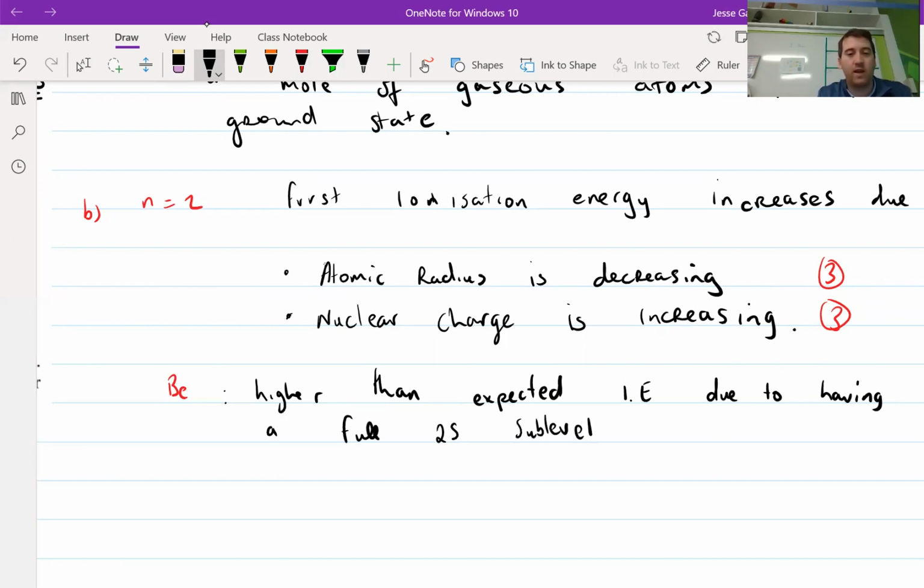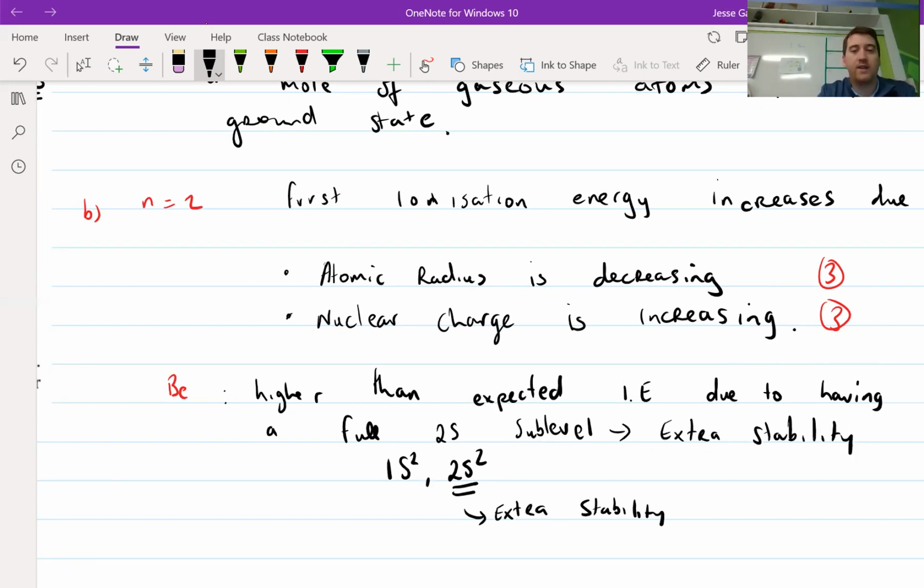If we think about beryllium, it's got electronic configuration 1s2, 2s2. That's it. It's got 4 electrons, and this here is a full sublevel, which gives extra stability, which means that it gives us a higher than expected first ionization energy. So you should definitely be using the word stability in here.